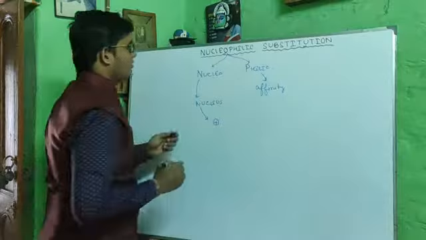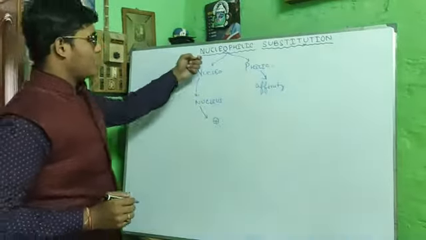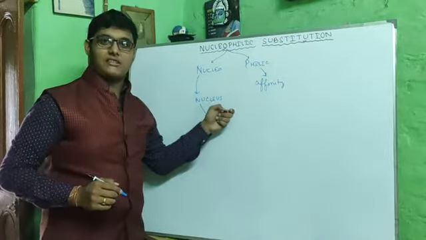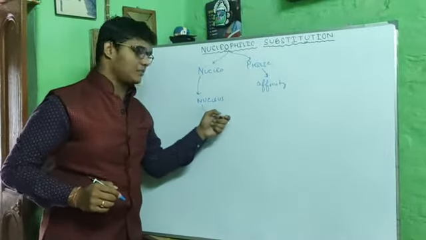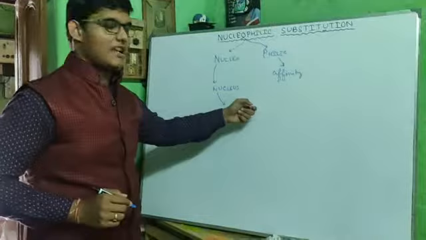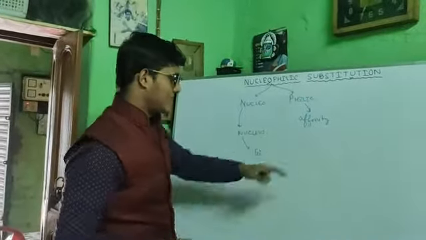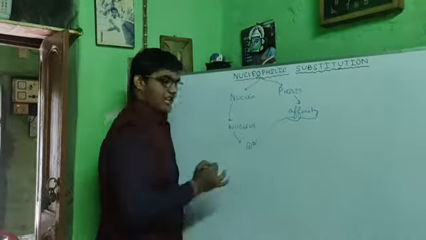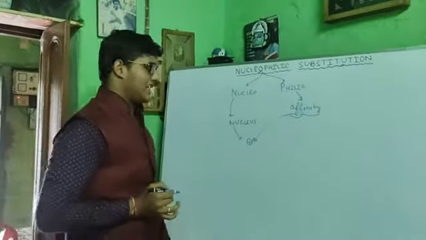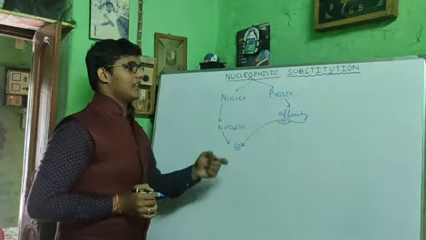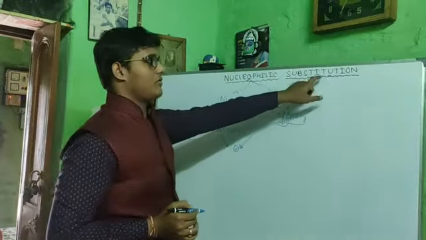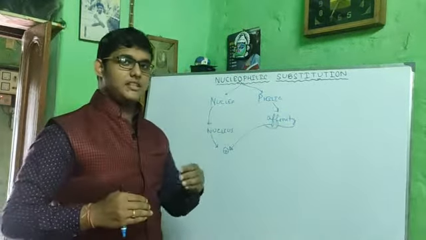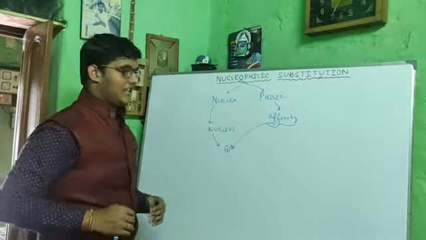So what does the word nucleophilic mean? It means that these types of reactions are initiated by such compounds or species which have a strong affinity towards positively charged centers. That's why it is called a nucleophilic reaction. And why substitution? Because in this type of reaction, a group of the compound is replaced by another group.